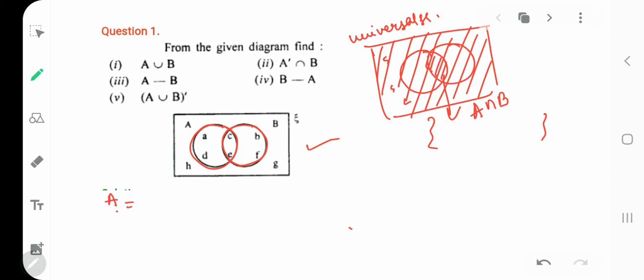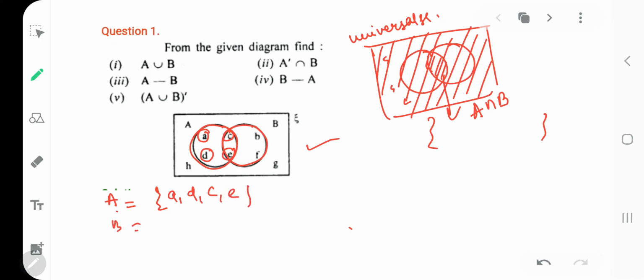For that, first you make what is A. How many elements are included in A? A, D, C, E. So can I write it A, D, C, E? What about B?